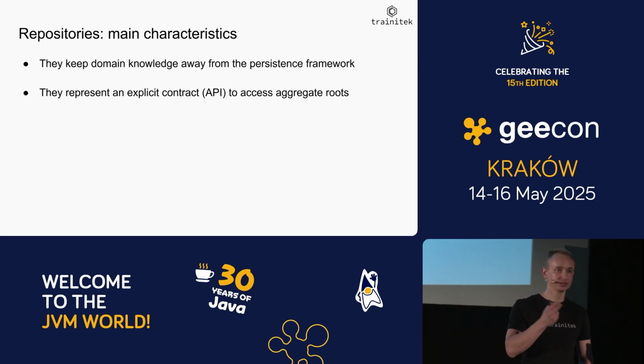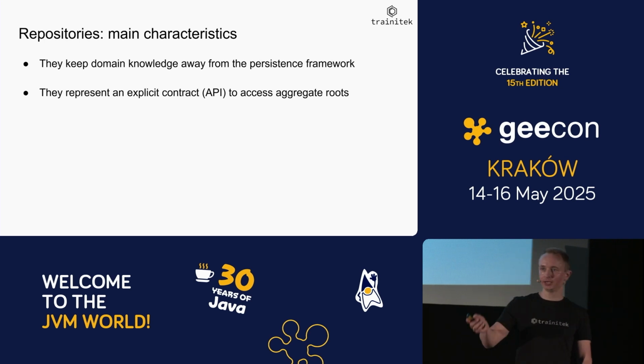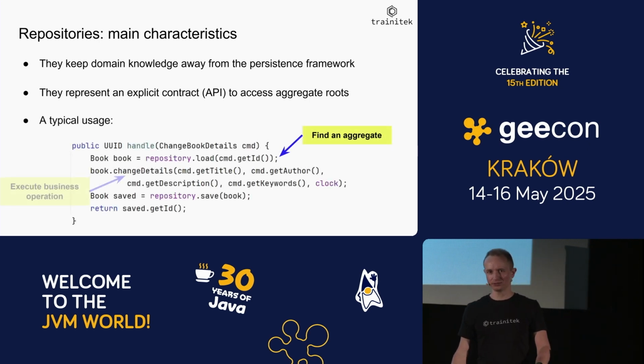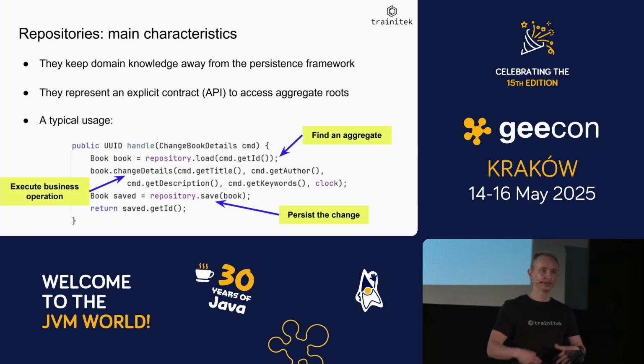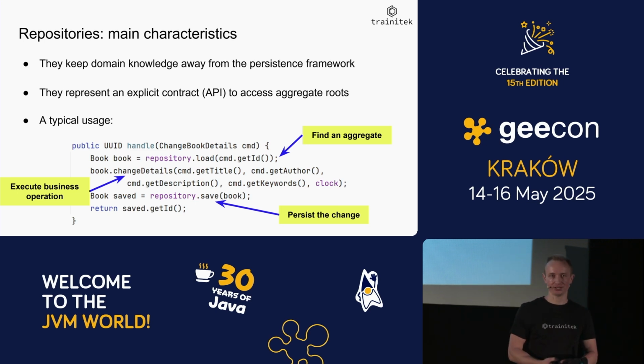So those are the main points when we are talking about the repositories: keep domain knowledge away from the persistence and give access to aggregate roots. And typical usage of the repository is that we use a repository to get access to an aggregate root, we call some business method on the aggregate root, and in the end we apply the changes.